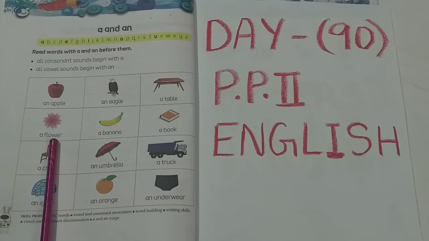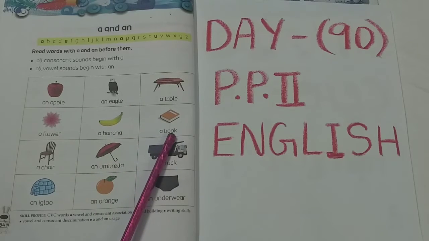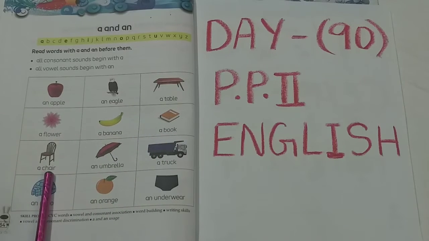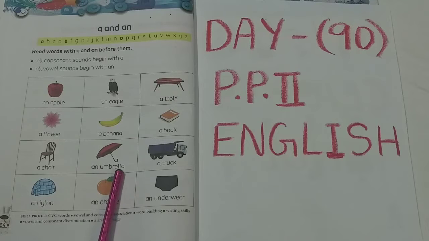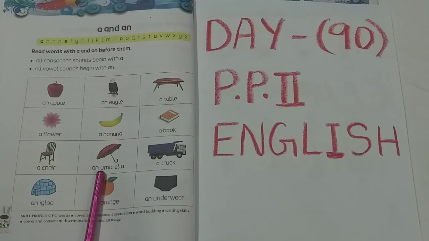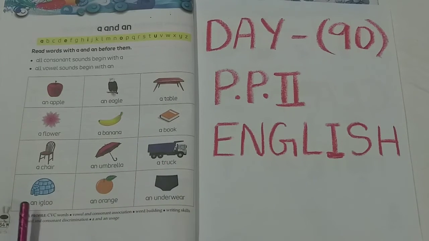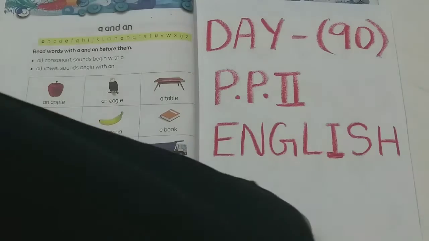A flower, a banana, a book, a chair, an umbrella. Why are we using an here? Because U is a vowel here. Okay? A truck, an igloo, an orange, an underwear.